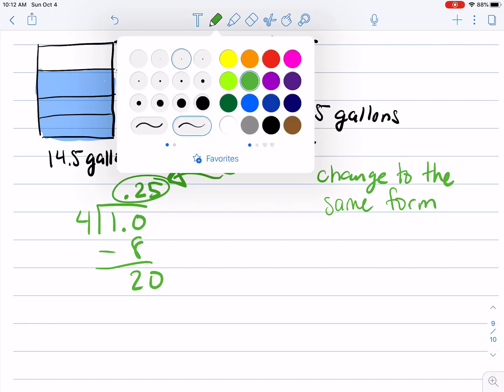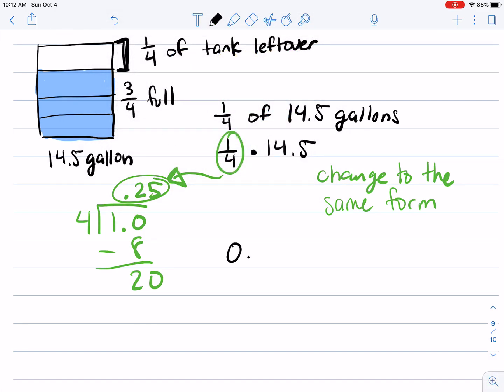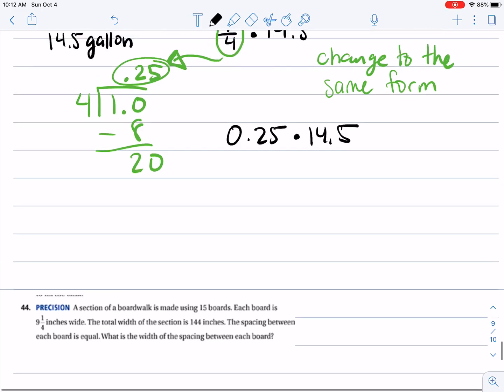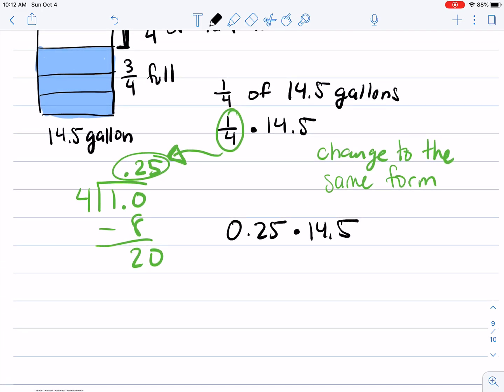So now our problem here is 0.25 times 14.5. And I'm going to set this up vertically. 14.5 times 0.25. I'm going to focus on this 5 first with my multiplication.